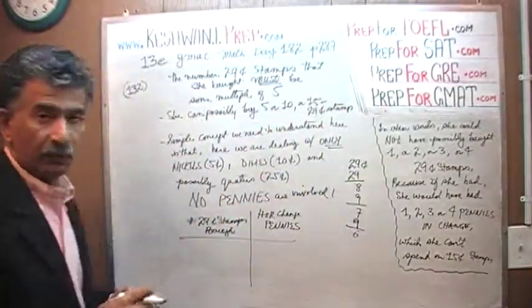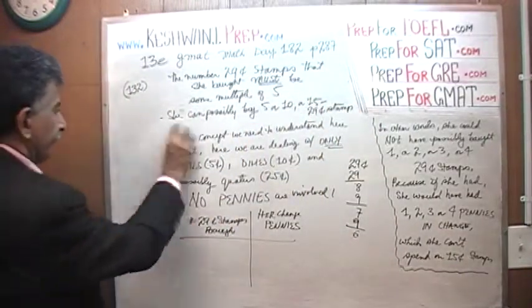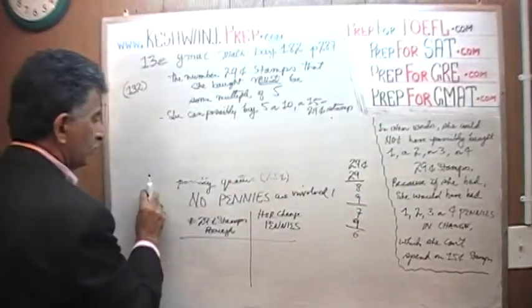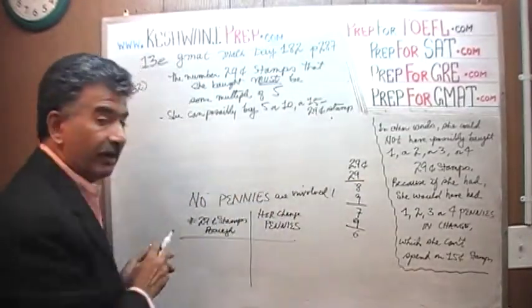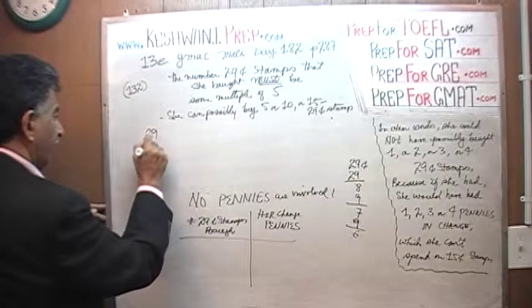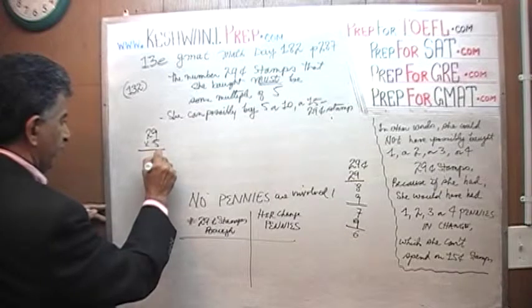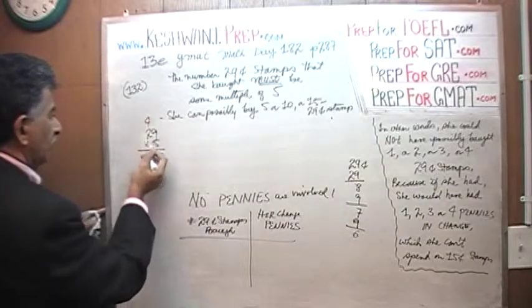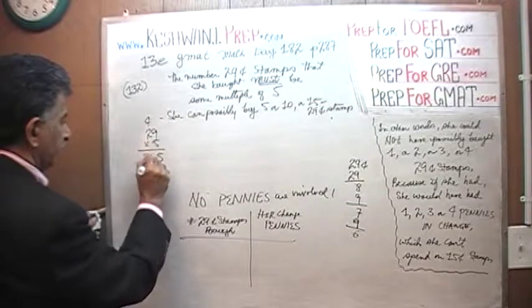Let's see which of these scenarios is possible. Let's start with 5. Could she have bought 5 29-cent stamps? Let's find out, shall we? 29 times 5, 9 5s are 45, 5 carry 4, and 24. It's going to be 24.